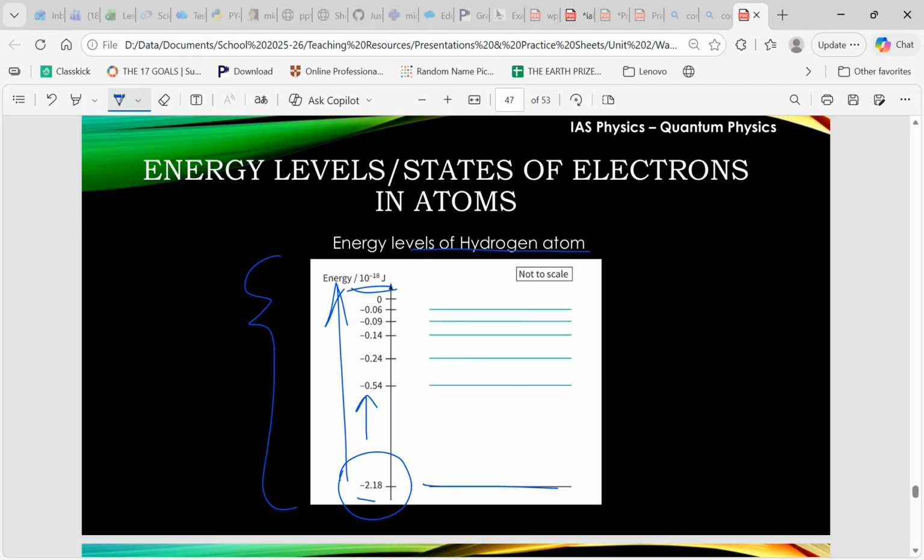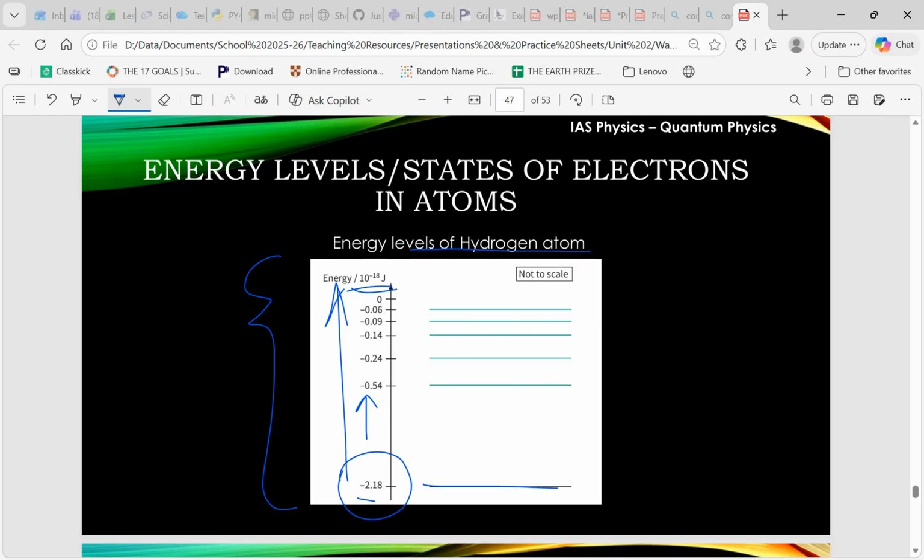Why is the magnitude smaller? Because remember we said that the amount of energy required externally to remove an electron from a particular energy level, we label as the energy of that energy level. So if you want to remove an electron from the ground state of a hydrogen atom, from the first energy level, or we can call it the lowest energy level, which is the energy state closest to the nucleus, we need the maximum amount of energy.